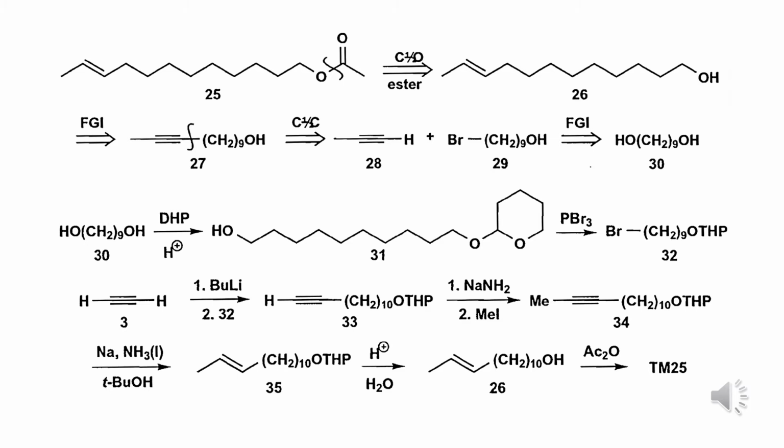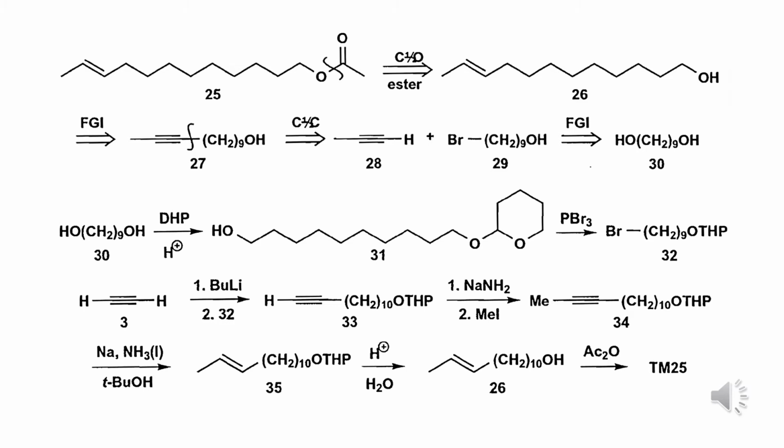The only problem is how to make a monobromide from a symmetrical diol, that is structure 30. Experiment showed that protecting one end of the diol, structure 30, as the tetrahydrofuran derivative, structure 31, gave good yields, and the monobromo compound, structure 32, was used to alkylate acetylene with the methyl group added later.